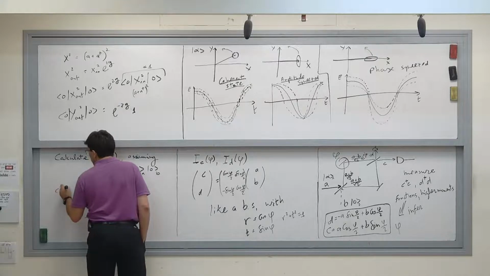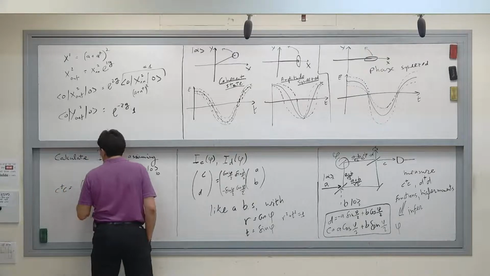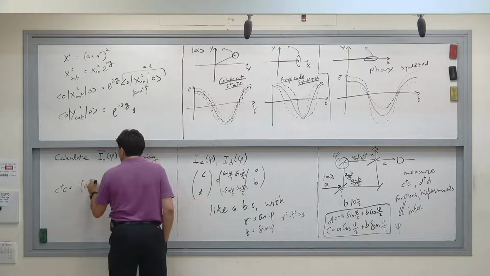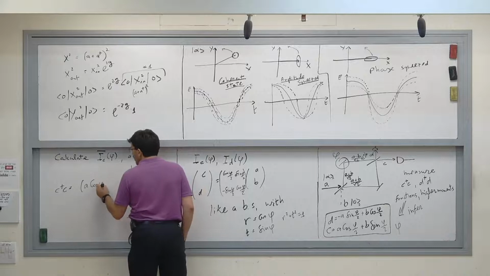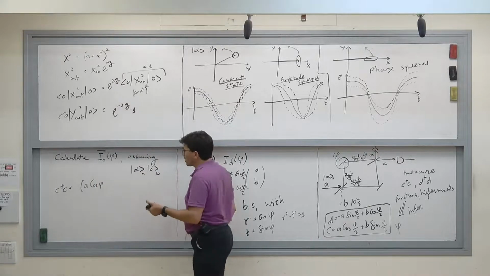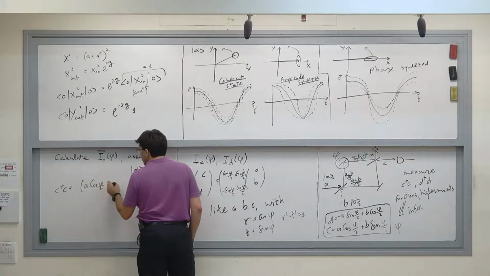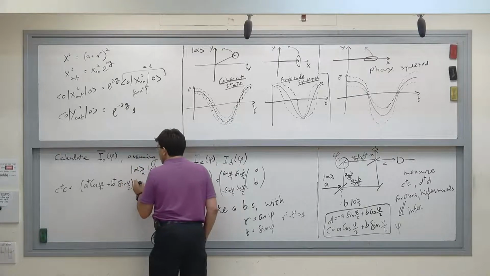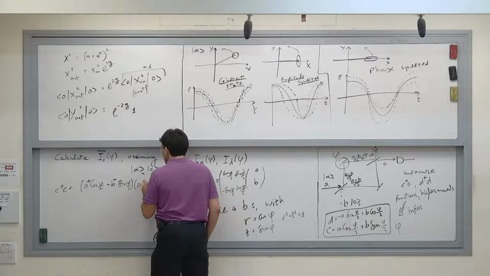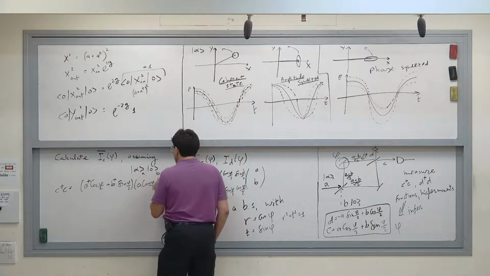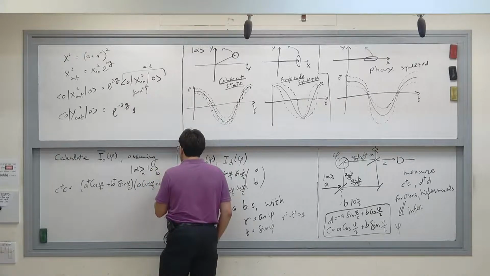And C dagger C, well, now what that is: A dagger cosine phi, of course it's not phi, it's phi over 2, but if I go continuously, okay, we'll keep it, plus B dagger sine phi over 2, times A cosine phi over 2 plus B sine phi over 2.